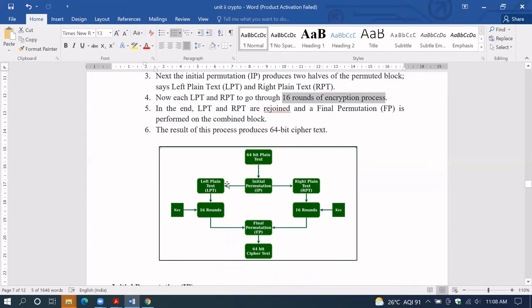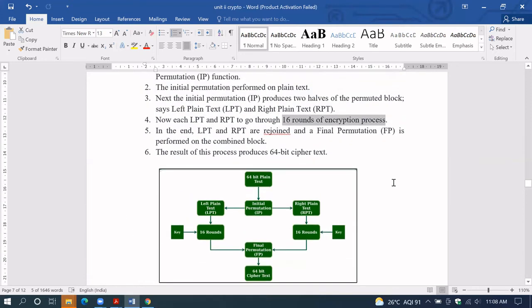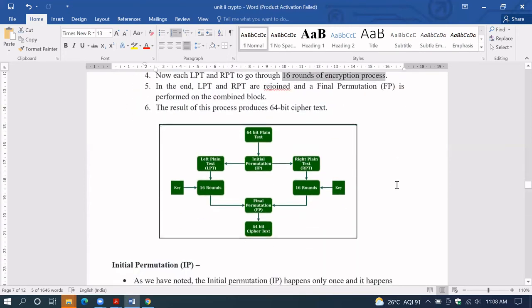At the end of both, where the encryption process takes place using the key, they are rejoined using the final permutation function. After this process, you will obtain a 64-bit ciphertext. So what was the input? 64-bit plain text. What will be the output finally? 64-bit ciphertext. This is the usual process that takes place in a DES algorithm.